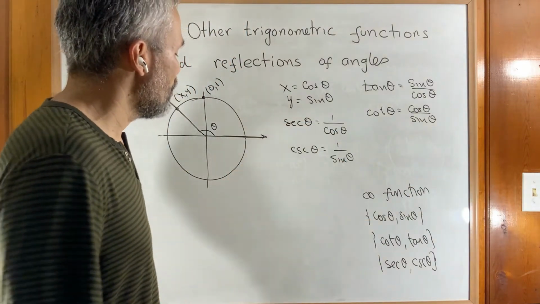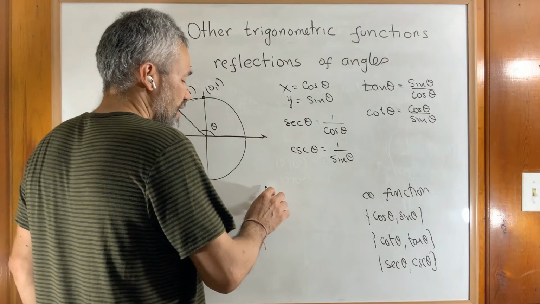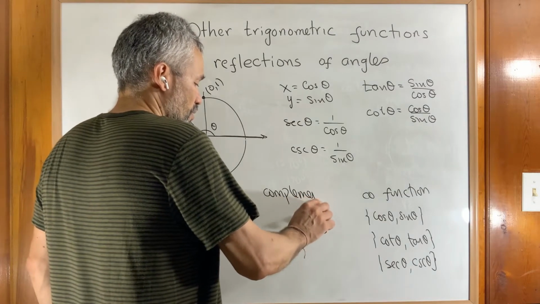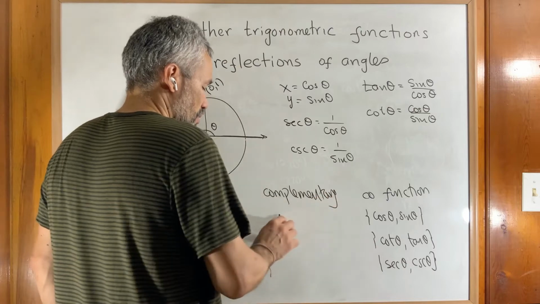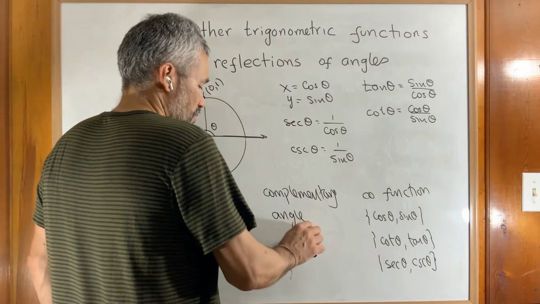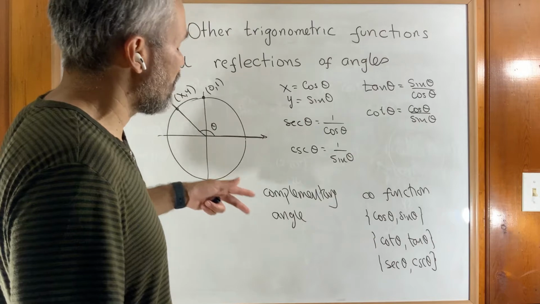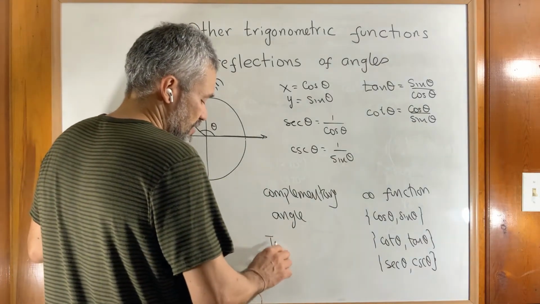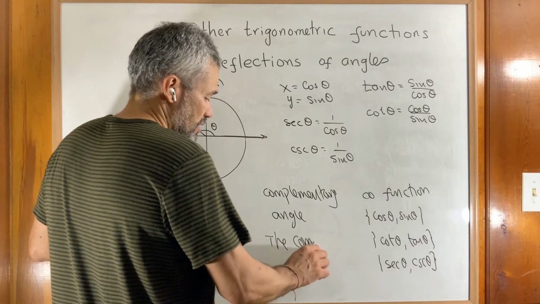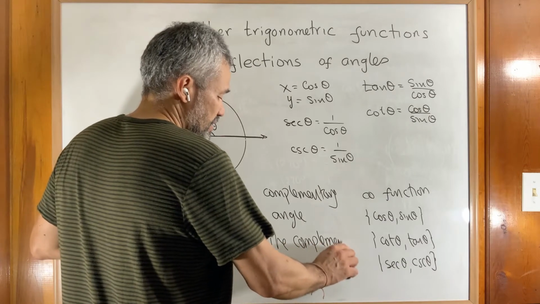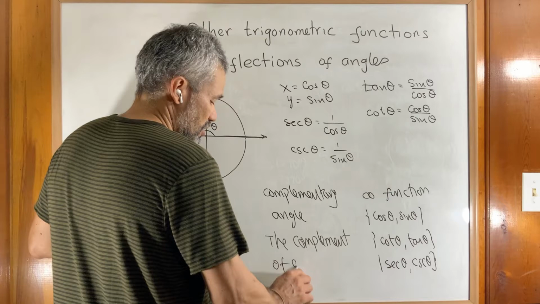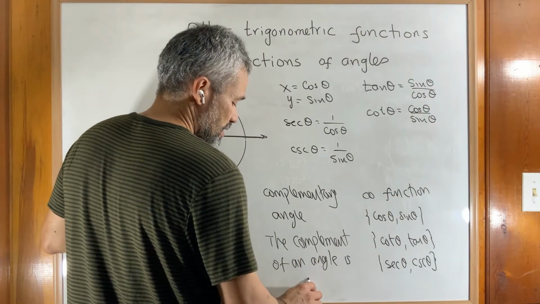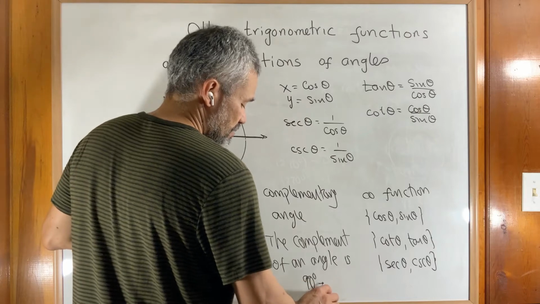And they have to do with something called complementary angles. We say that the complement of an angle is just 90 minus the angle. Let me write that down. The complement of an angle is 90 degrees minus the angle.